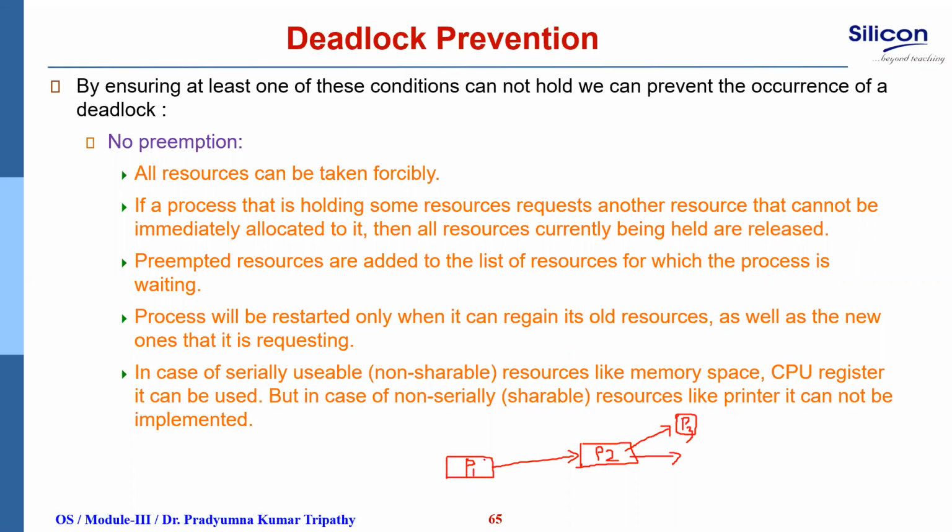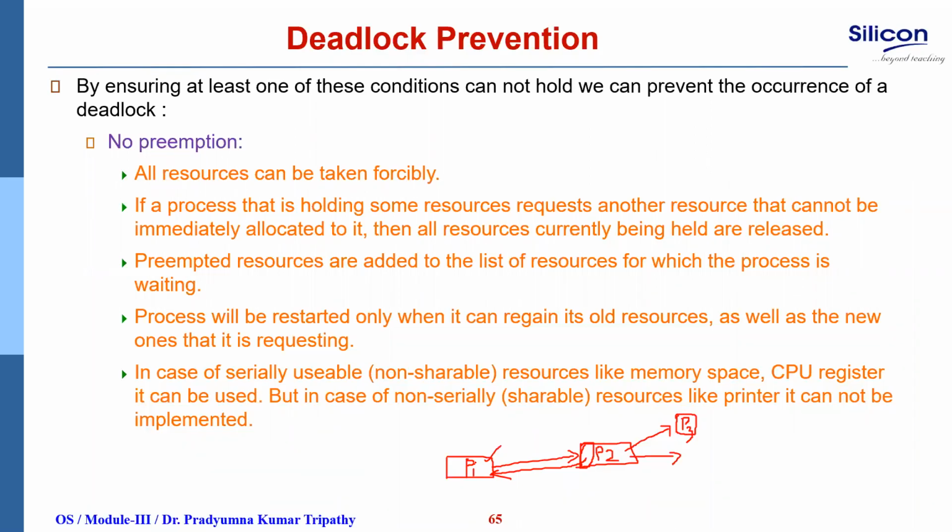So in that case, P1 has to wait. Suppose P2 is also waiting for resources which are held by P3. In that case, the resources currently held by P2 can be given to P1 so that P1 can start its execution. Is that understood?